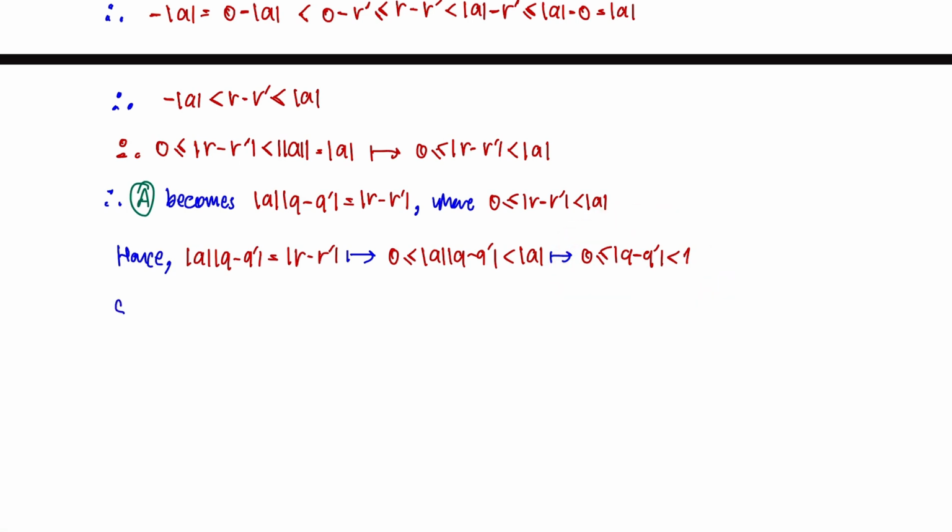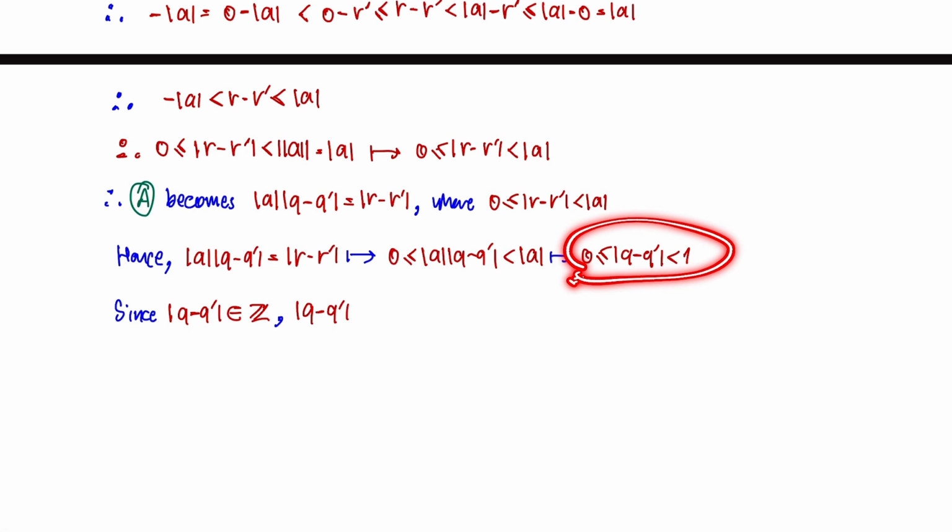Now, what do we know? We know that absolute value of Q minus Q prime is an integer, and it satisfies this inequality, so Q minus Q prime is going to be 0.